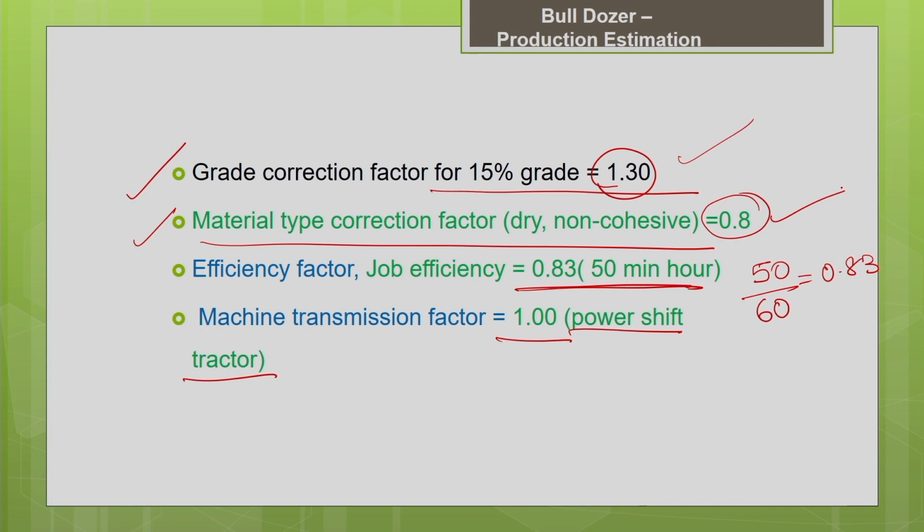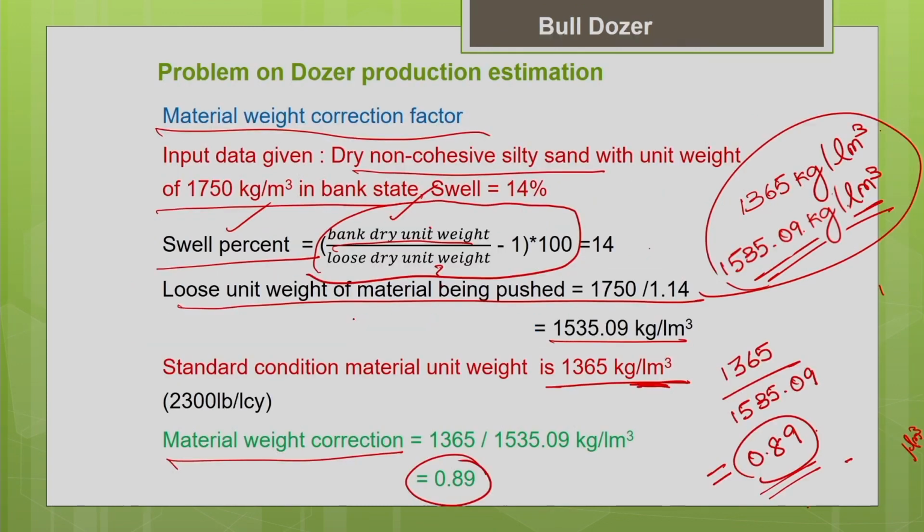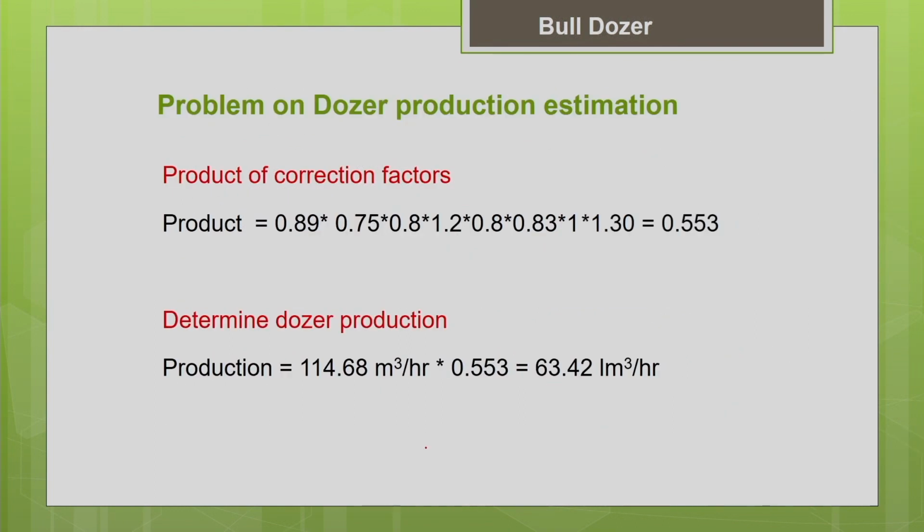Material type correction is different from material weight. Job efficiency 0.83, machine transmission, here we need not, because in both the cases it is only power shift tractor, so it is just 1, and material weight correction factor is 0.89. So these are all the correction factors. You find the product of all the correction factors, you will get the answer as 0.553.